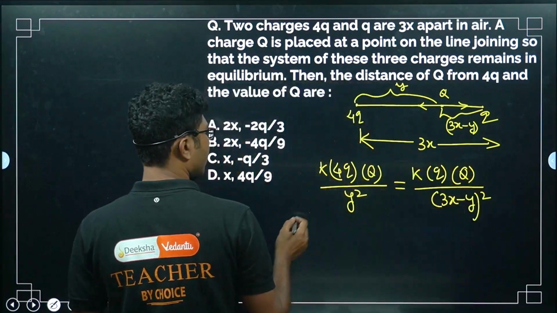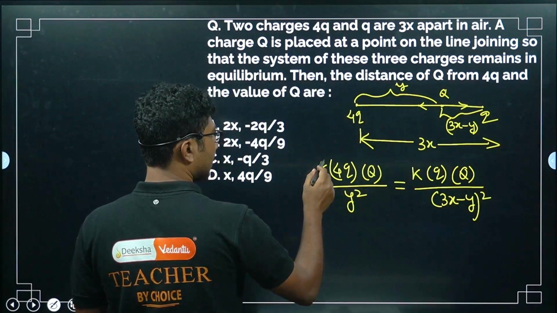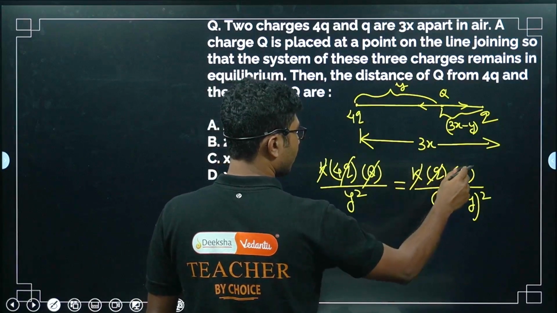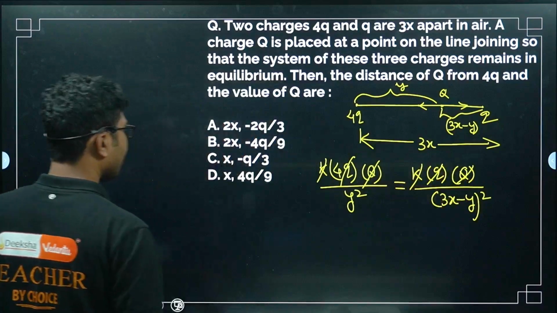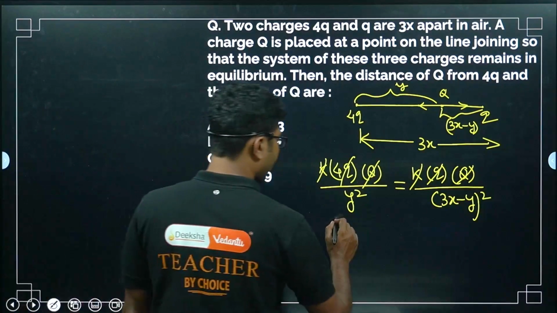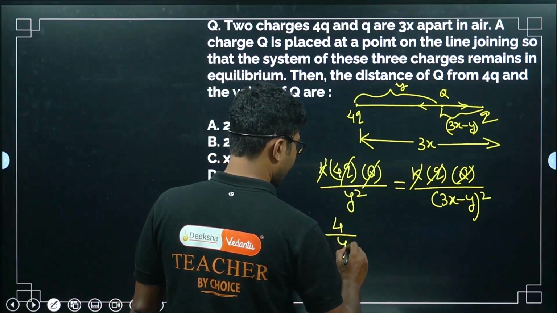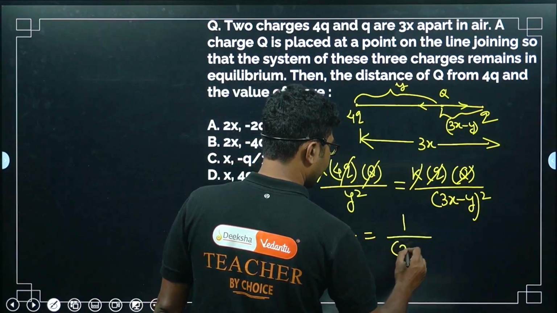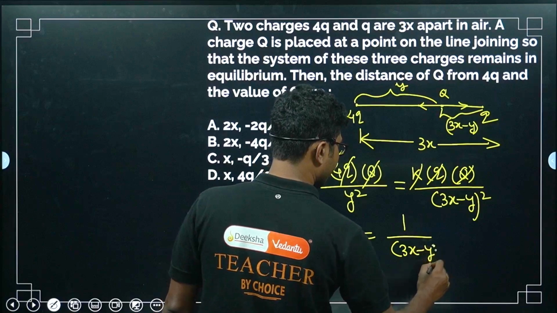So K cancels, and capital Q cancels. What we get is 4 by y square equals 1 by 3x minus y whole square.